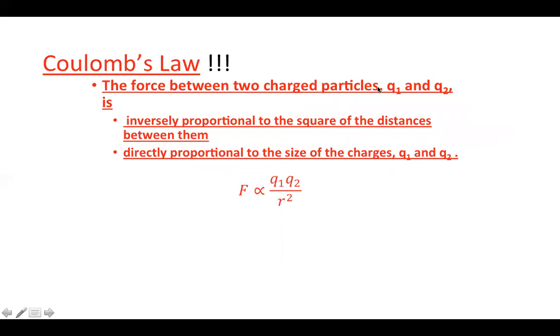So here's the same slide that you saw in a previous video, but again, Coulomb's law relates the either attractive or repelling force between two charged particles. The size of those charges, Q1 and Q2, is directly proportional to that force, and that force is inversely proportional to the square of the distance between them.